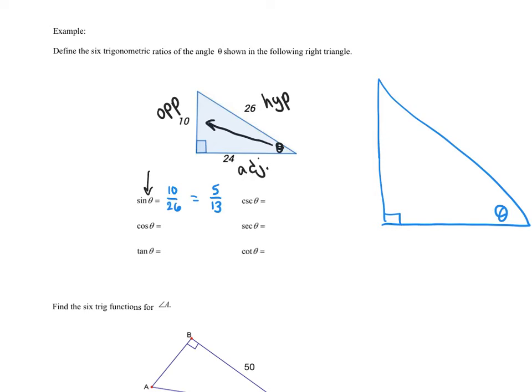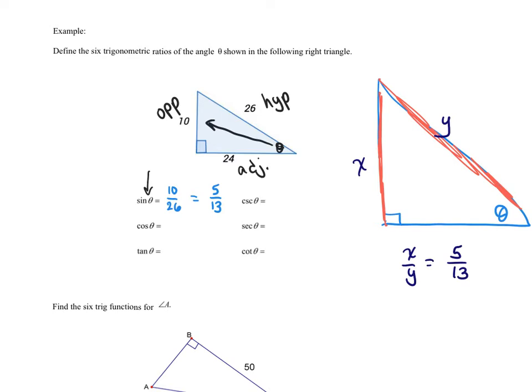If I take the opposite side, whatever length that is, and divide it by the hypotenuse, we'll call them x and y. If I divide x over y, I should get 5 over 13. And the key thing is they both have the same angle theta, so all their angles are the same.